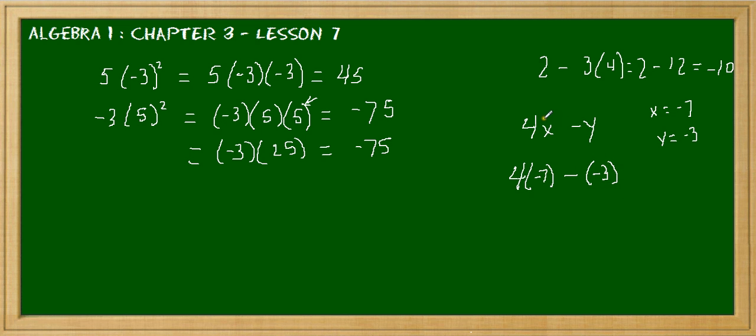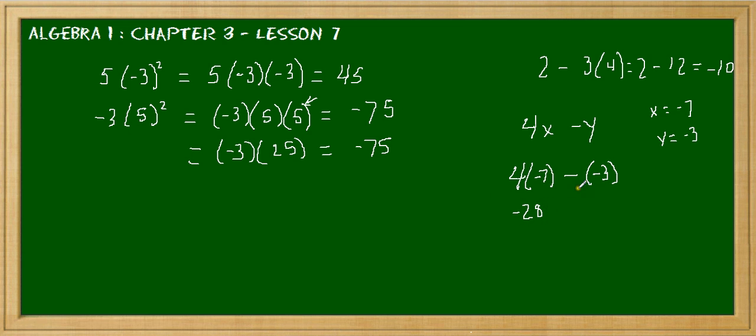Now, I know that the x and the y do not have these parentheses, but you need to be very careful here because you're subtracting a negative, which is much different than subtracting the positive. If this would have been positive 3, it would have just been minus 3. So we'll see that we can now further find the value calculating 4 times negative 7 is negative 28, right?